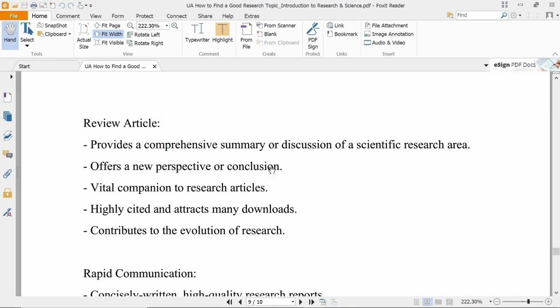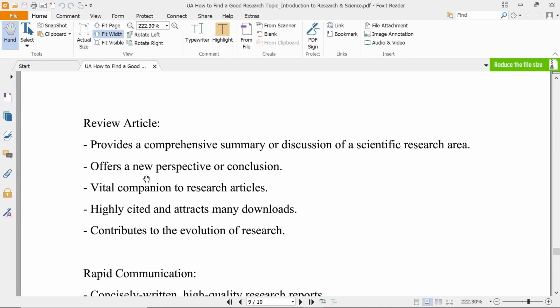From those articles you can get the research gap. I'll talk about those in depth. They offer a new perspective and conclusion. A vital companion to research articles, widely cited and attracting many downloads, contributing to the evolution of research.